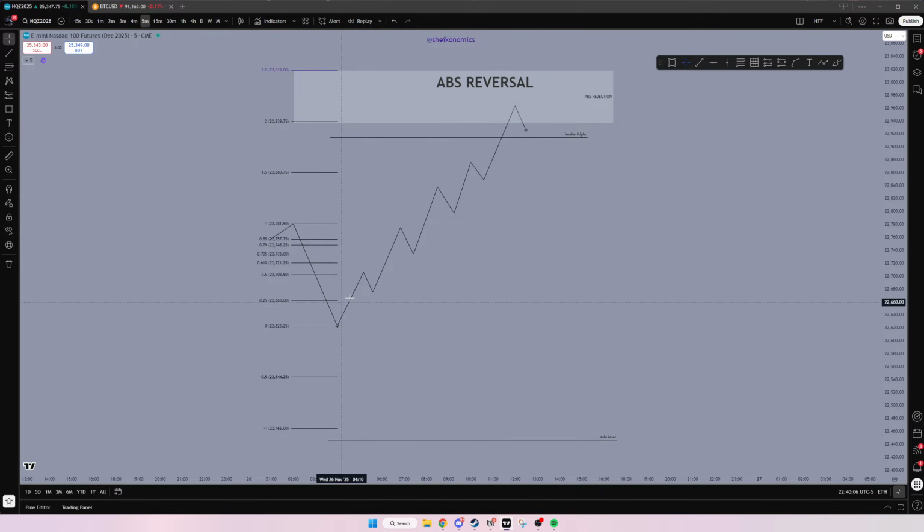So you have the first half of a market maker model, you have your ABS rejection, you pair this with other confluences, same way that we did on the previous example. So let's say you have an inversion right here, or you wait for a CISD at this first low right here.